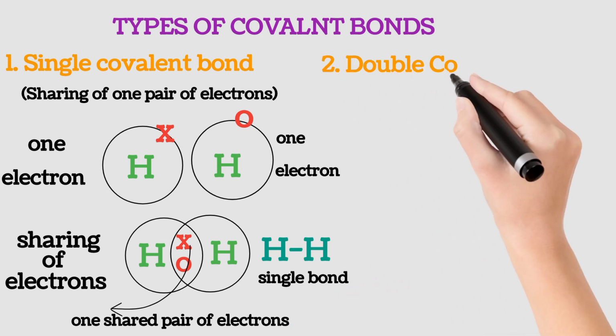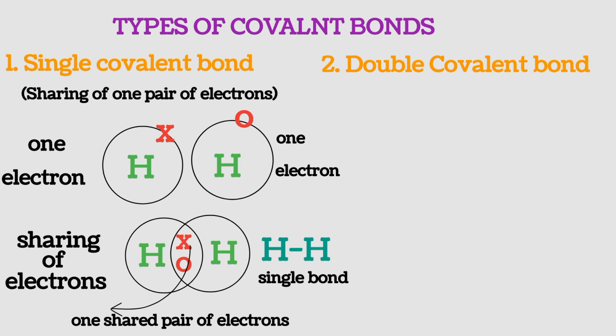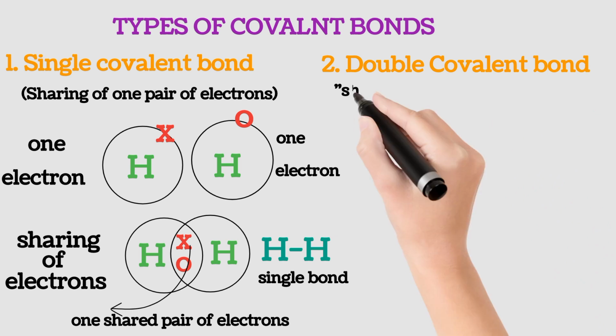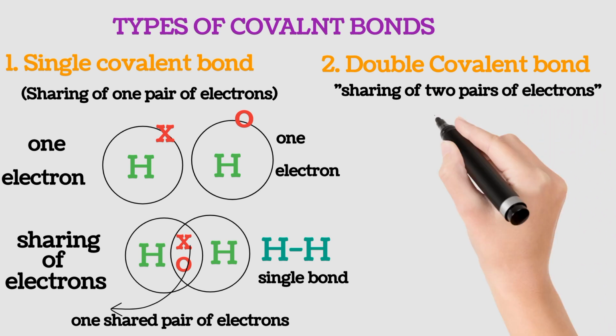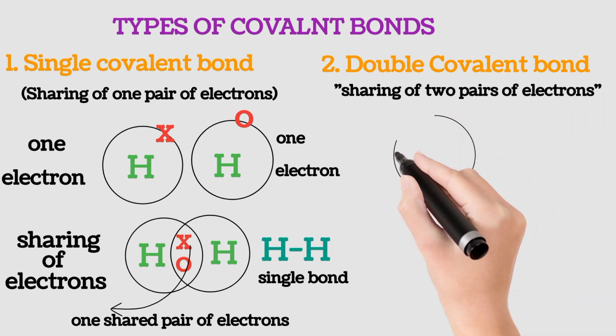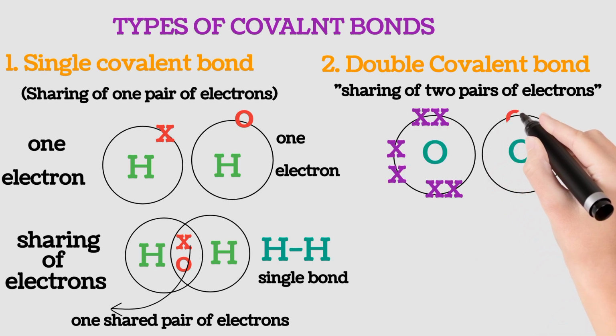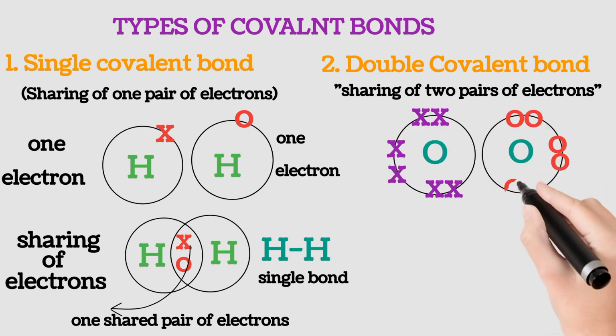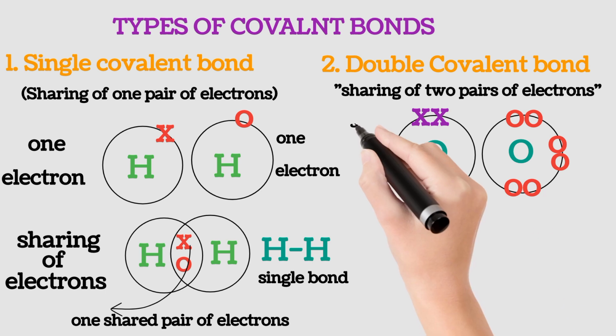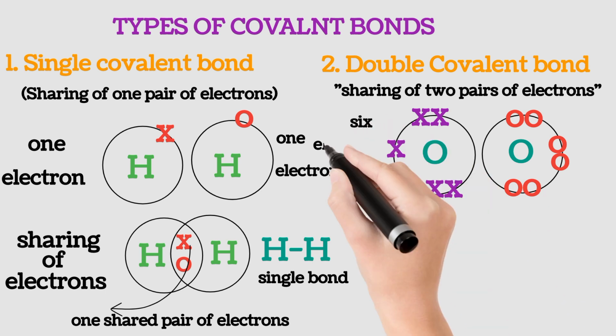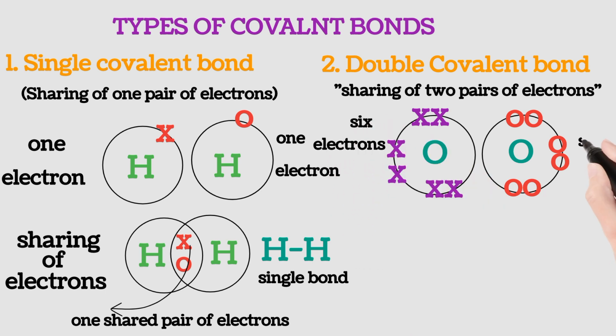Another type of covalent bond is a double covalent bond. This is the type of covalent bond in which two atoms mutually share two pairs of electrons. For example, let's consider two atoms of oxygen. We can see that in the atom of oxygen, there are 6 electrons, and it needs 2 more electrons to gain stability.